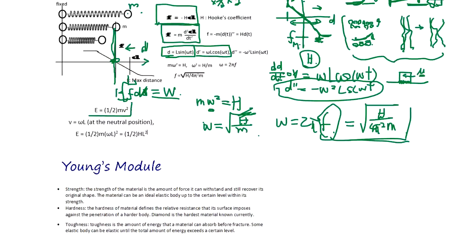So we can use this kinetic energy. It's much easier because we know already V. So V is omega L, because cos omega t is 0. That's the position, omega L. So energy stored by this spring is this much.